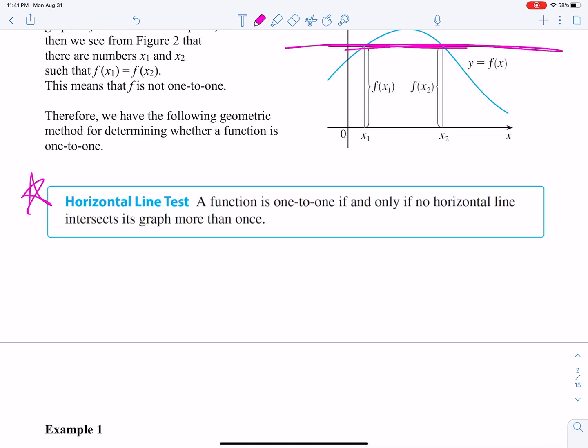Horizontal line test: a function is one-to-one if and only if no horizontal line intersects the graph more than once. So remember, if and only if statements are valid in both directions. Okay, so you could say it the way I just read it. We could also say, if no horizontal line intersects a graph more than once, then the function is one-to-one. So it can be read in either direction and it stays true.